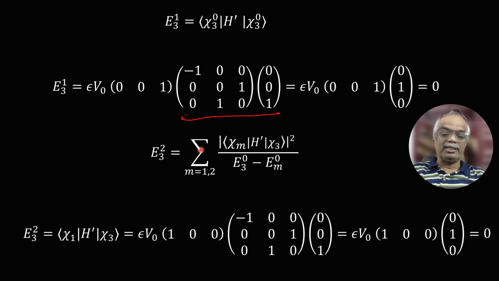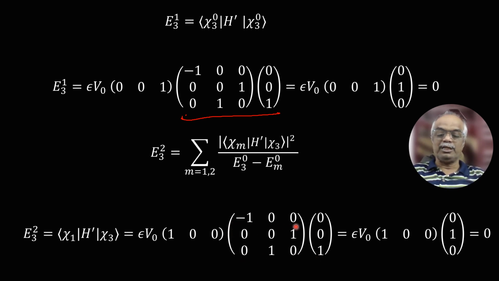So now you find, take m equal to 1. So you will get chi 1 h prime chi 3, which is epsilon v naught. Chi 1 is 1 0 0, a row matrix, and chi 3 is a column matrix 0 0 1. Epsilon v naught, this matrix is this perturbation matrix. So as usual you multiply this and this.